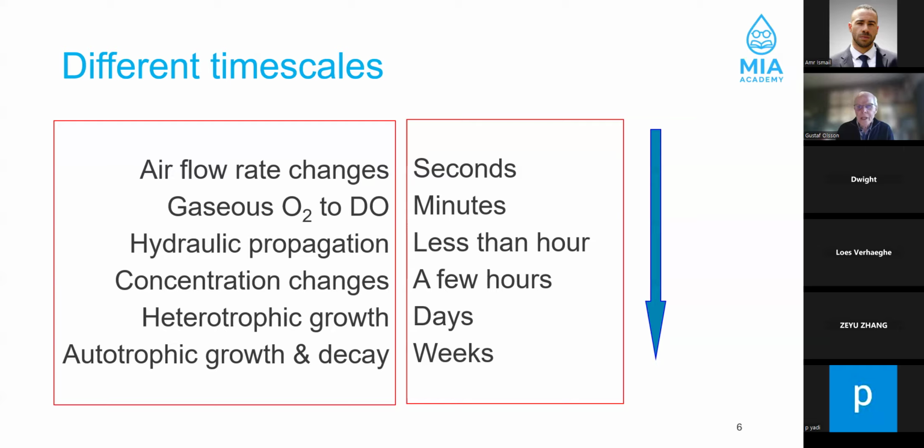Concentration changes take a few hours, heterotrophic growth days, and we're talking about weeks with autotrophic growth and decay. And you can see here, this is a dynamical system that is what we call stiff. In other words, there is a wide variation of the time constants from seconds to weeks and seasons.